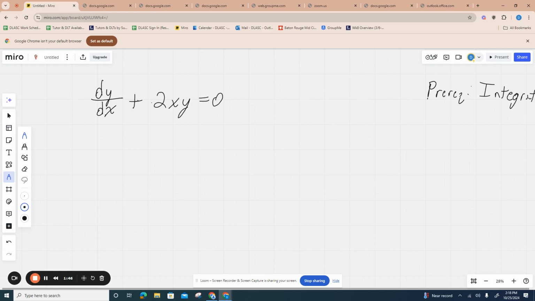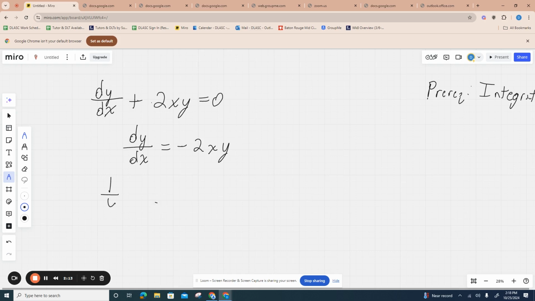So in this case, what we'll do is we'll say dy over dx, and we'll subtract 2xy from both sides to make it minus 2xy. We still have an x and a y on this right-hand side, so we want to separate those. I will divide by y on both sides.